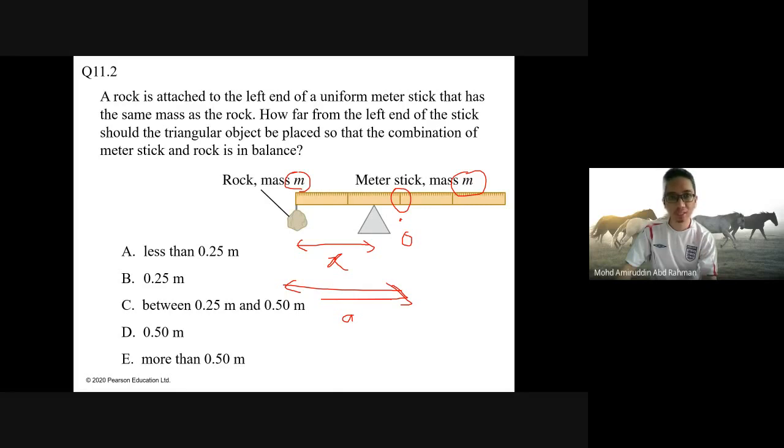So what's the answer? It should be this one, 0.5. Okay, it should be B. Do you get that?